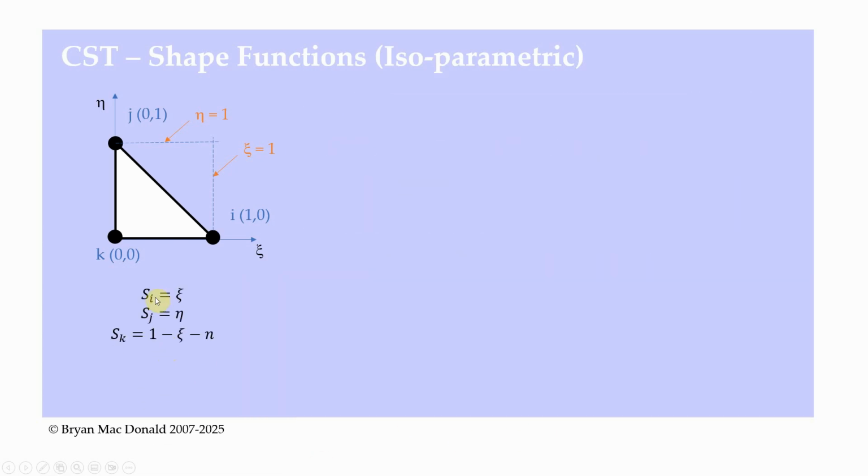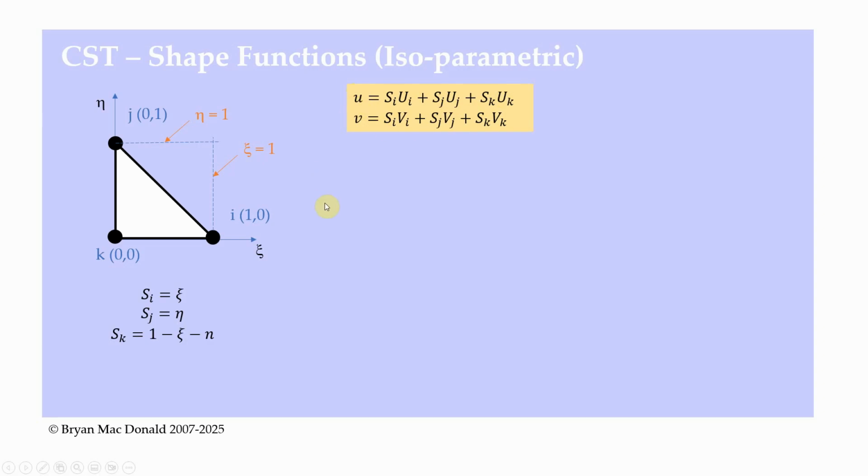Okay, so we've already established we have our 3-node element in its parametric coordinates eta and neta here. We've established the shape functions here, Si, Sj, and Sk. We've already talked about using our shape functions to relate specific displacement of the nodes to the displacement of any particular point.